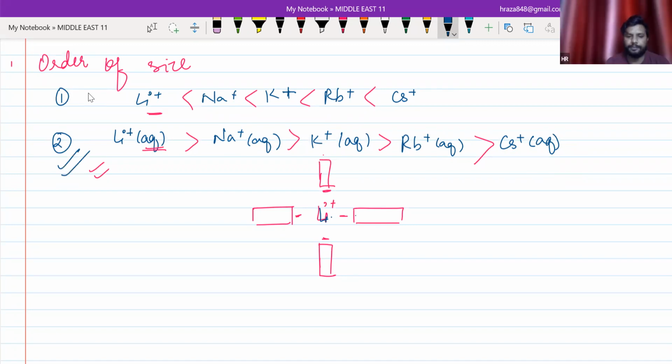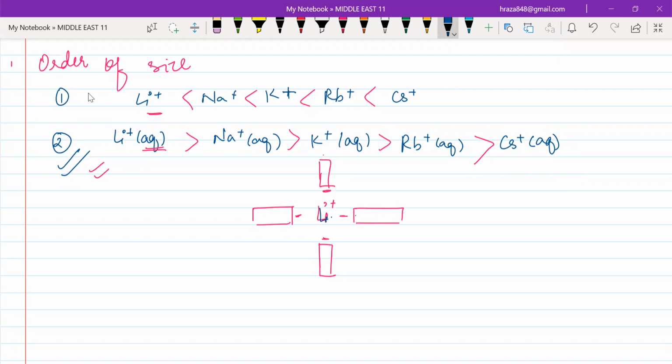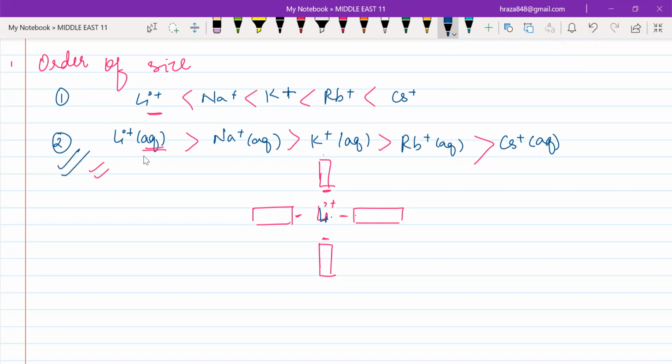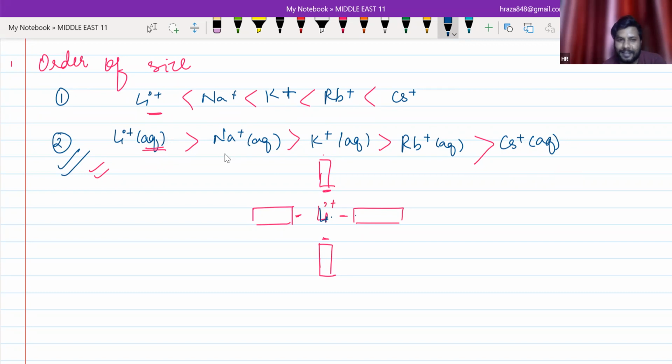Just write it. So we should say greater than sodium, right? Not cesium. So we should say that it stretches more than sodium, right? No, not cesium, because it is greater than sodium, potassium, rubidium, cesium.